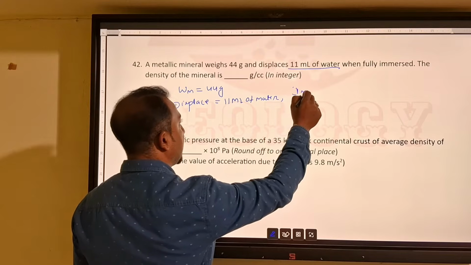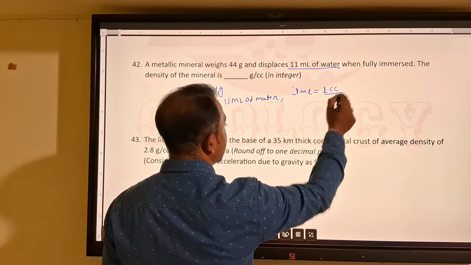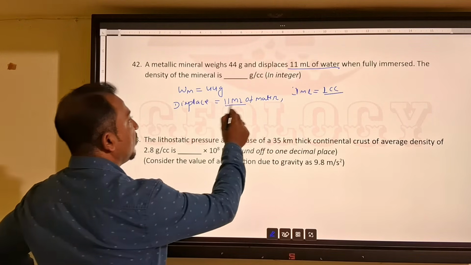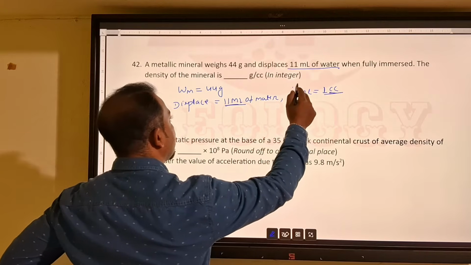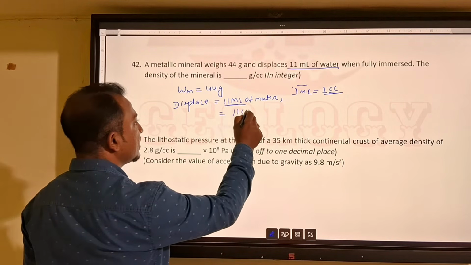So you know 1 ml is equal to 1 cc, centimeter cube. It is also a unit of volume. So 1 ml equals 1 cc, so 11 ml will be 11 cc.